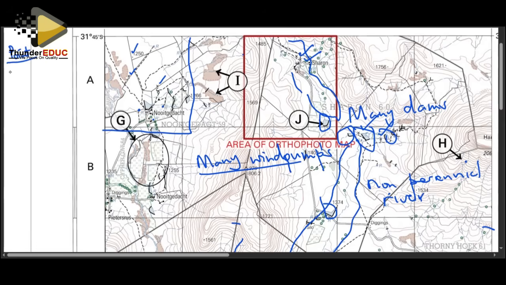We have found a spot height, a wind pump, and also a reservoir. Those are the 3 point features.